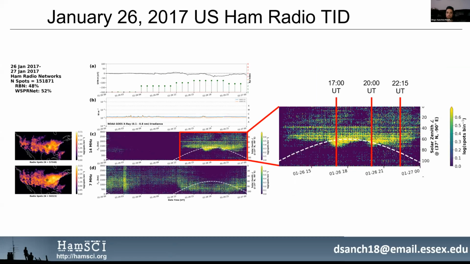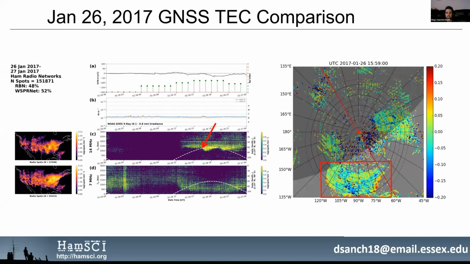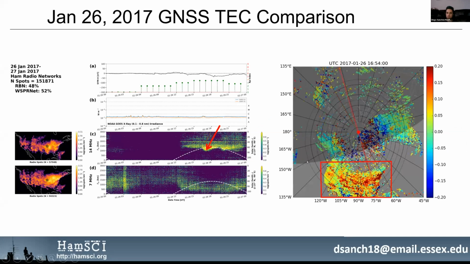And we also found this for a second day, January 26, 2017. You see these two major waves. And again, at the first indent, as we reach the peak, this one's way more dramatic.